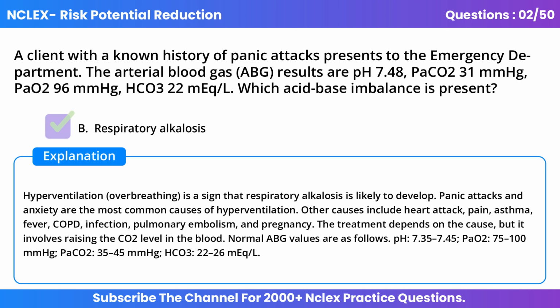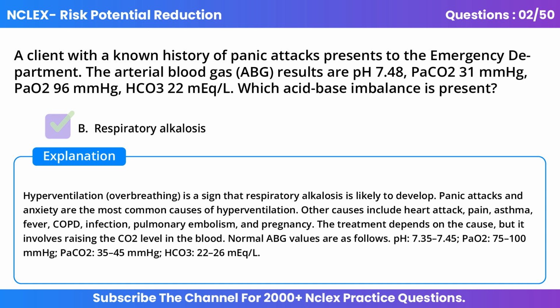Hyperventilation, overbreathing, is a sign that respiratory alkalosis is likely to develop. Panic attacks and anxiety are the most common causes of hyperventilation. Other causes include heart attack, pain, asthma, fever, COPD, infection, pulmonary embolism, and pregnancy.